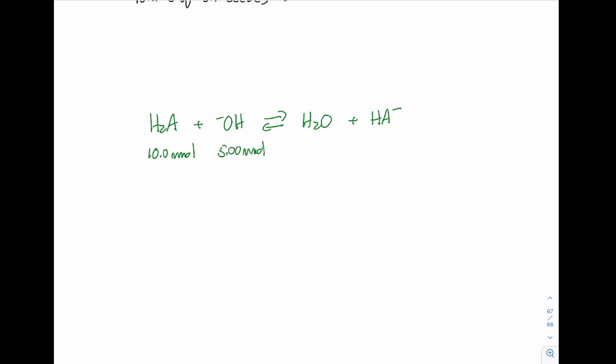Since we're below that first equivalence point, we have fewer moles of hydroxide ions than we do H2A. And then when we subtract the smaller from both of those and then add to the other side, right? My base has been neutralized.